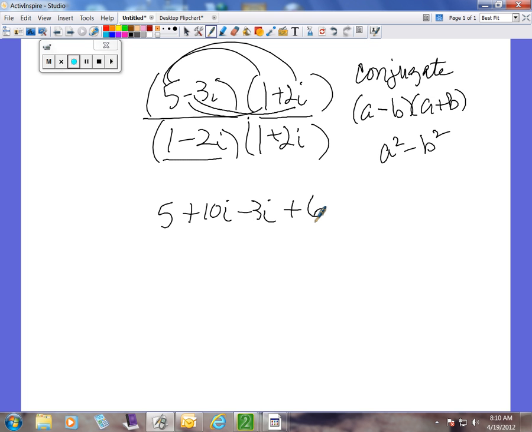Are you okay with that? Isn't negative 3i times positive 2i negative 6i squared, and the i squared makes the negative 6 positive. Then when we combine like terms, we would have 11 plus 7i.